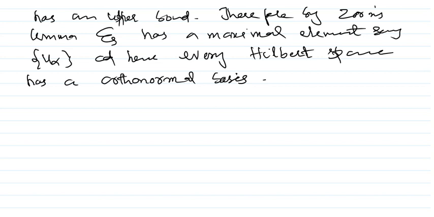Okay, so next lemma, which is very important. What about this set? If you have, say, u alpha, a set which is a basis, an orthonormal basis, it may be countable or uncountable.